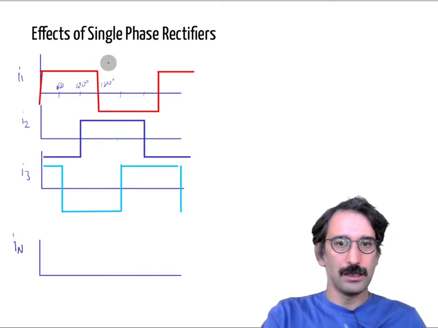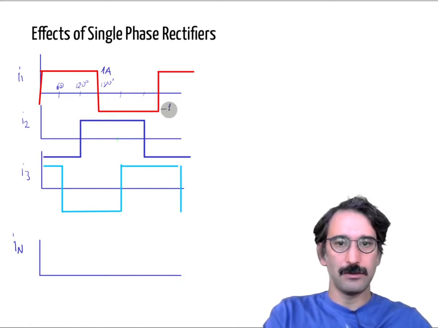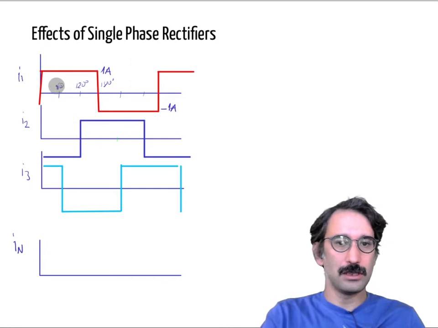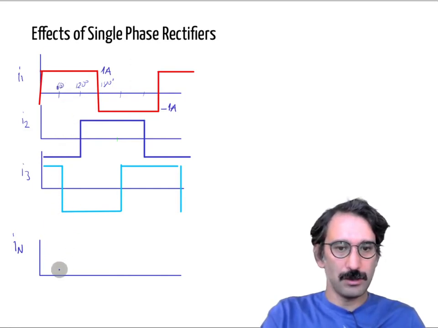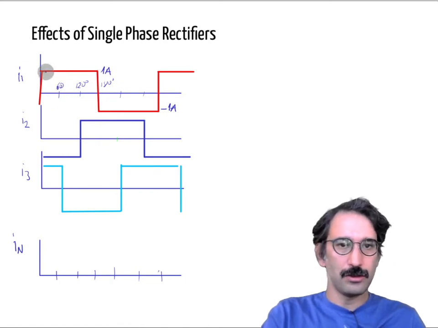So IN, again, remember, this is 1 amp to minus 1 amp for each of those. So I would like to add all those. So let me put ticks here, and another tick here, another tick here. Anyway, so first I have 1 amp.